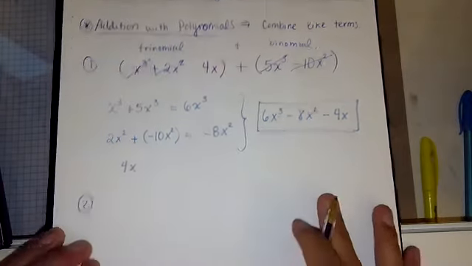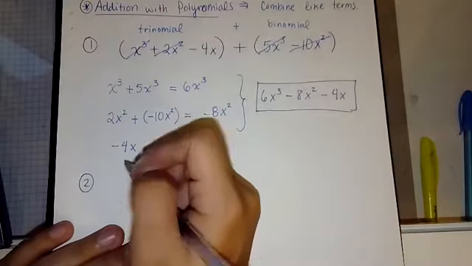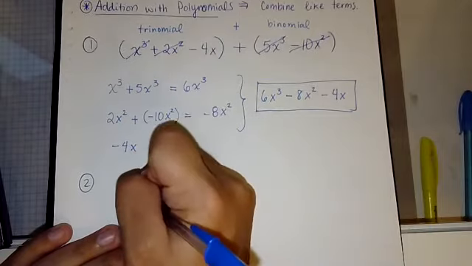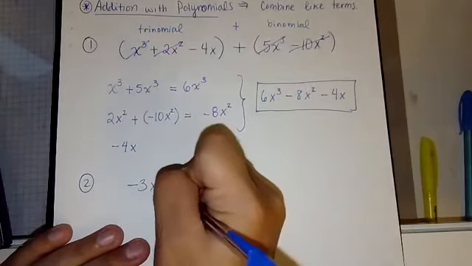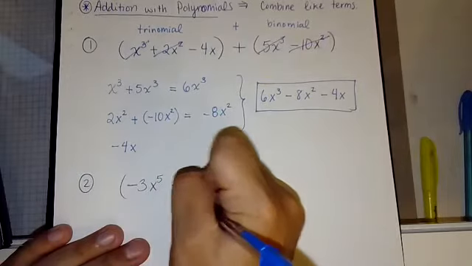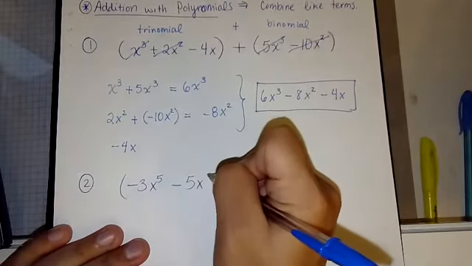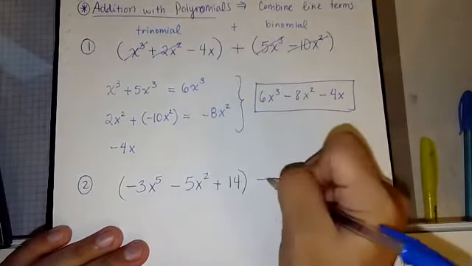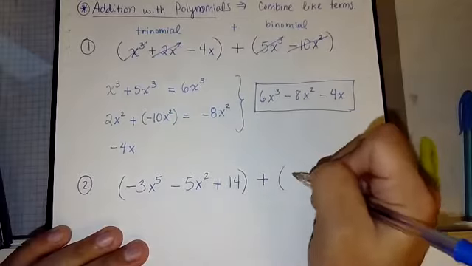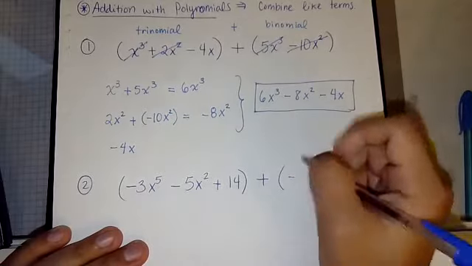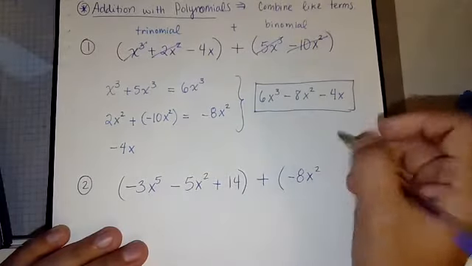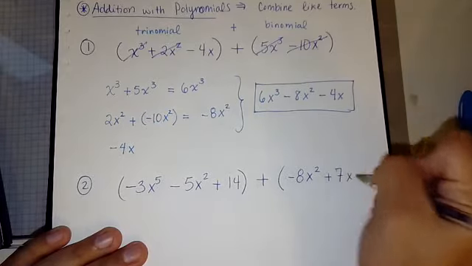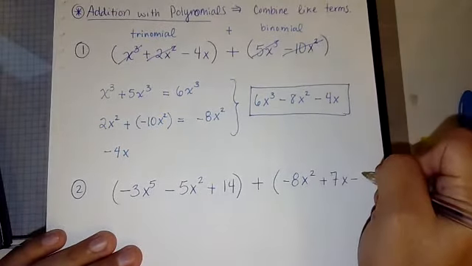Let's do another example. So we want to add negative 3x to the fifth power minus 5x to the second power plus 14, and then add that to negative 8x to the second power plus 7x minus 4.